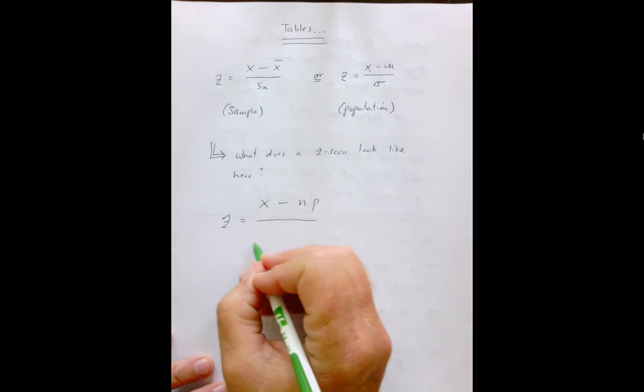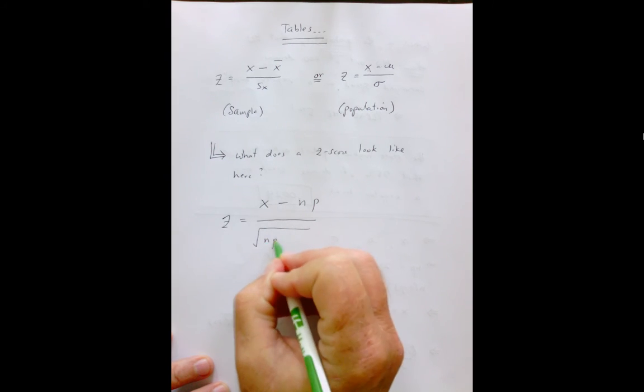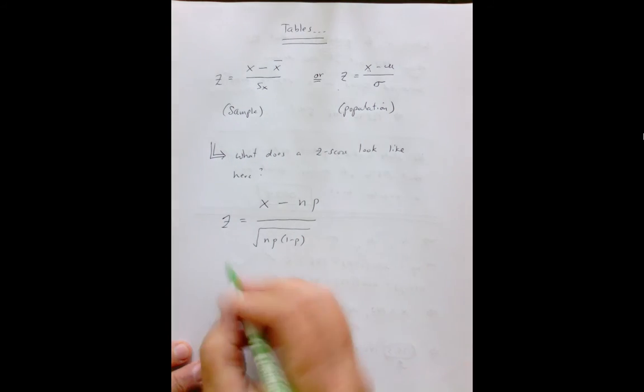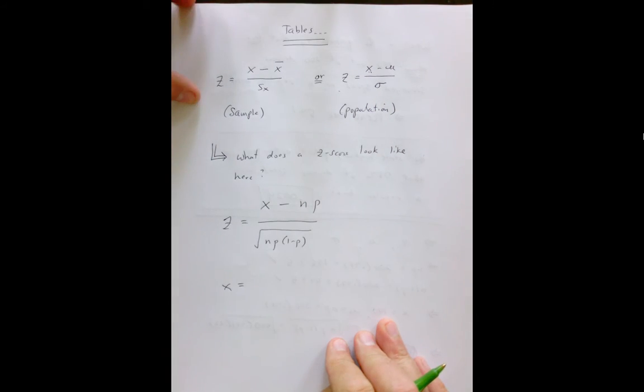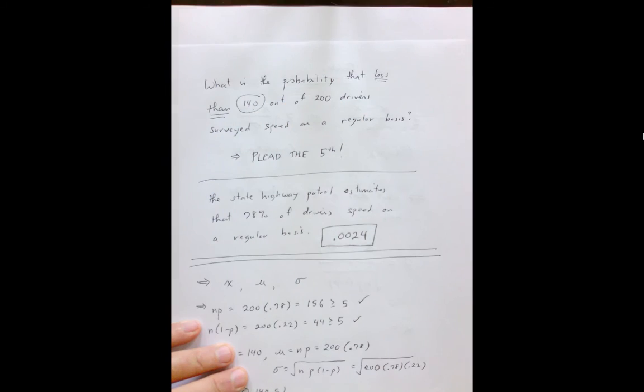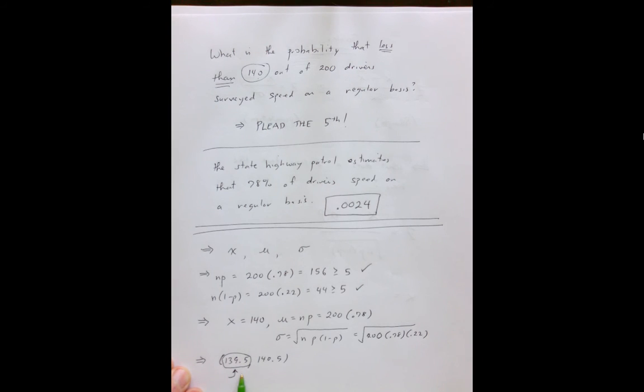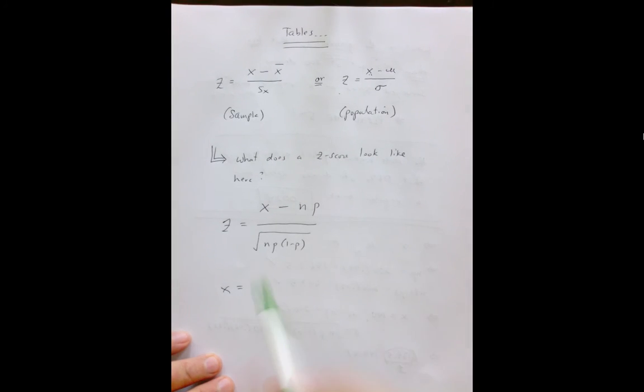And sigma is... So for this problem that we just worked, the speeding problem, what was x equal to? It's 140, right? But we needed less than, so by the time we get down here to this continuity correction, the x we need to focus on is 139.5.